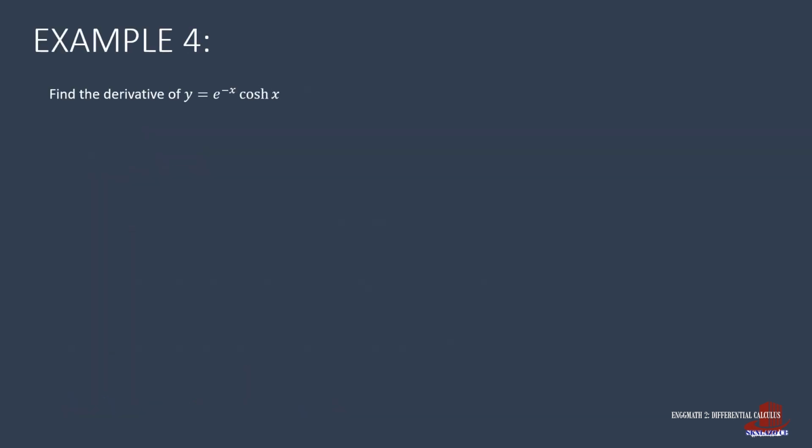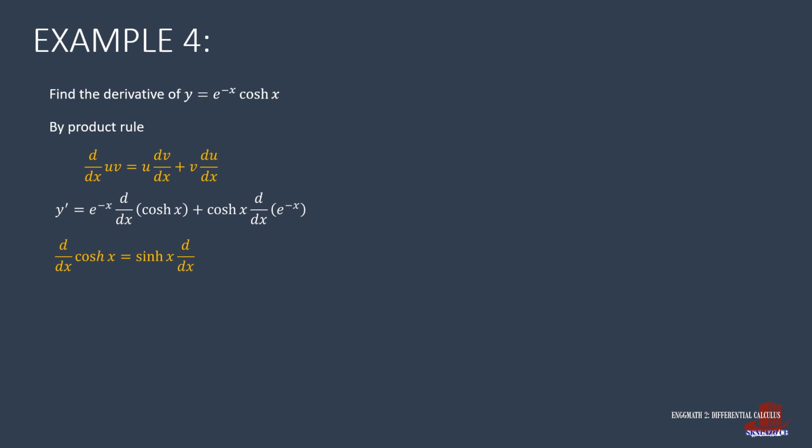Next is the derivative of y equal to e raised to negative x times the hyperbolic cosine of x. With two terms once again, we use the product rule. So we proceed with y prime as e raised to negative x times the derivative of hyperbolic cosine of x plus the hyperbolic cosine of x times the derivative of e raised to negative x. The first derivative has the hyperbolic cosine pattern, and the second is with the exponential function, where u is negative x and u prime is negative 1.